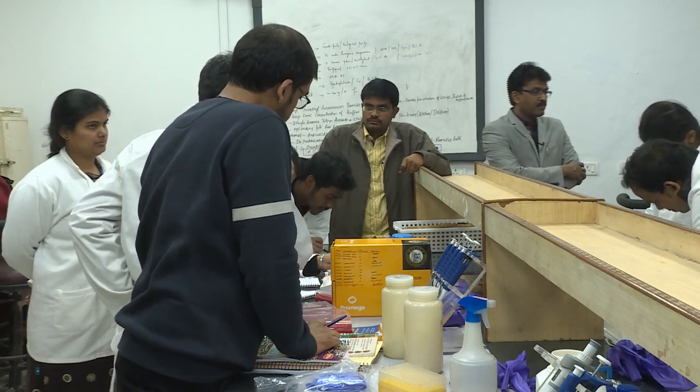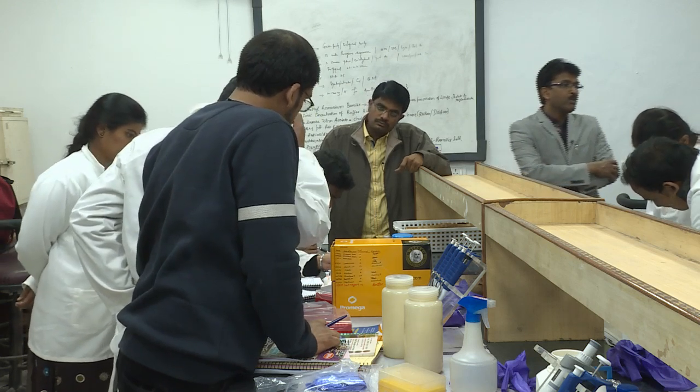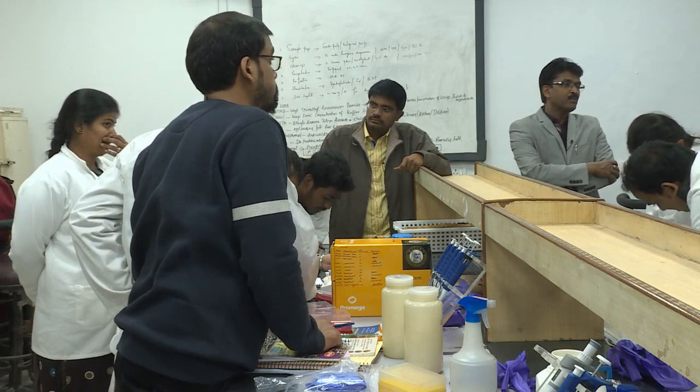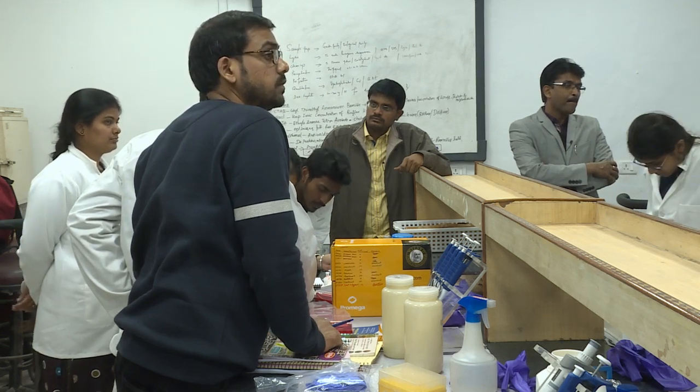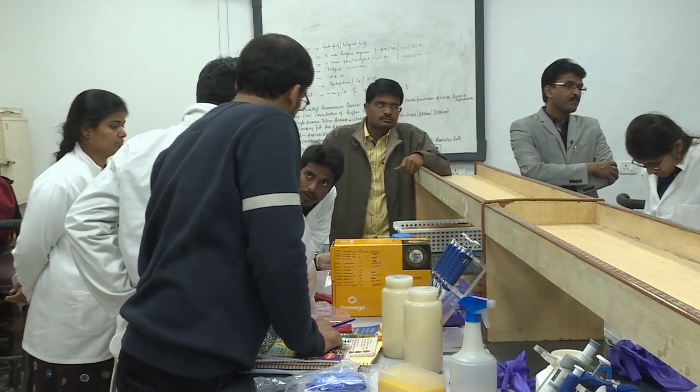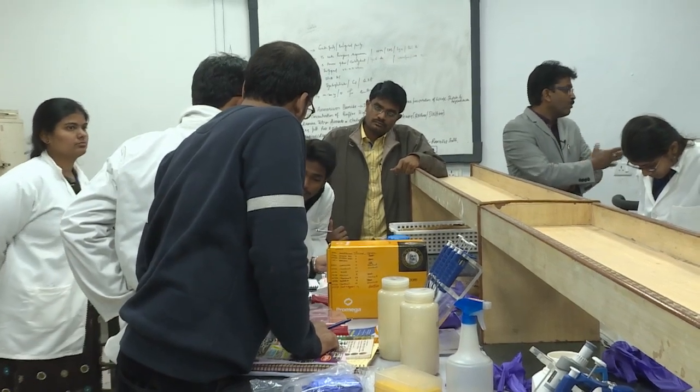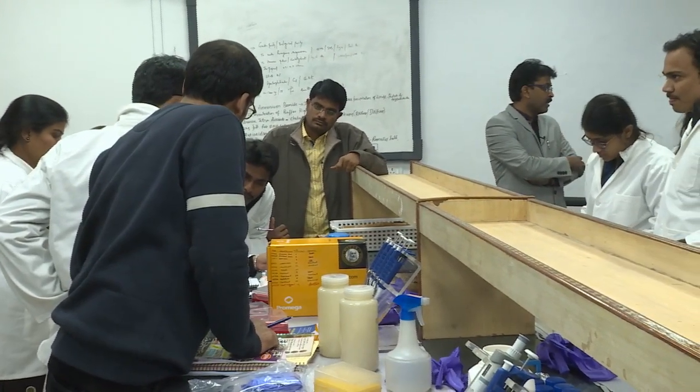Concentration is 1 unit. Concentration is ready for 1 unit. So any more group is ready with the data? Mukesh? Now you can proceed with the PCR, right? Start now.